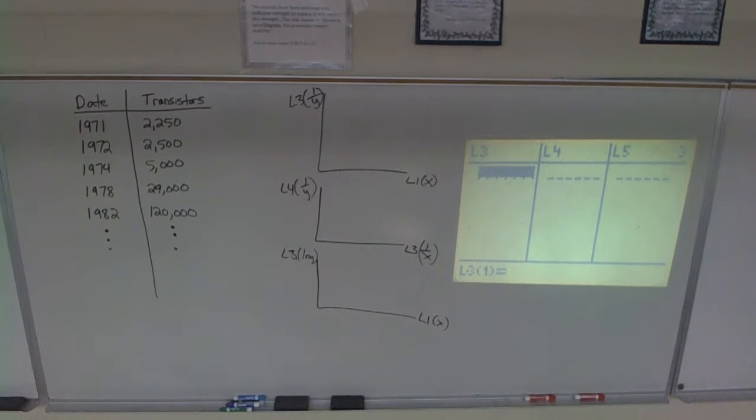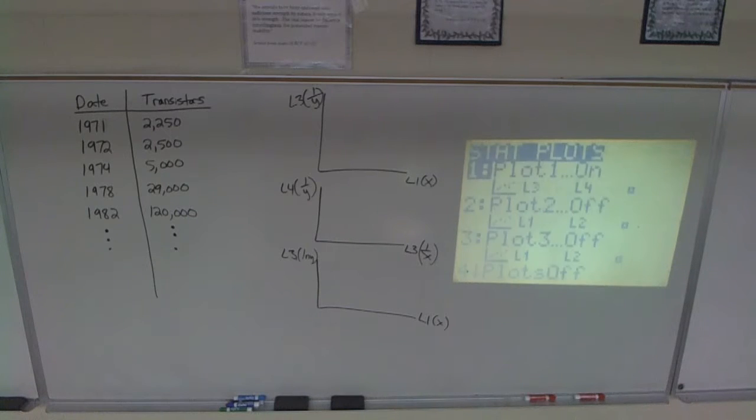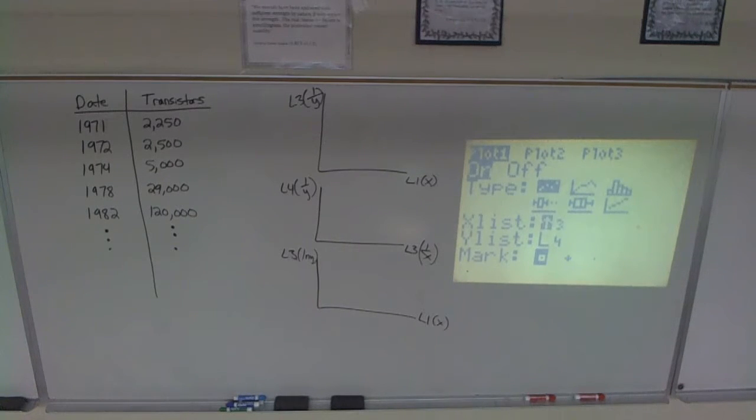And list 3, I'll put natural logarithm of y. Oh, I tried to put it in the wrong spot. There we go. So, stat plot. Just regular x versus the logarithms of the y's.